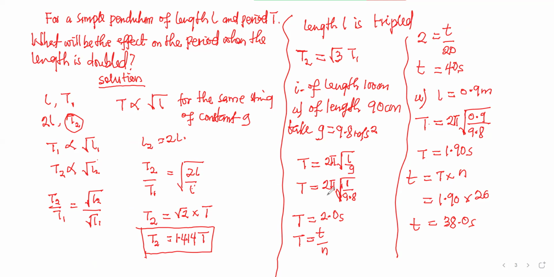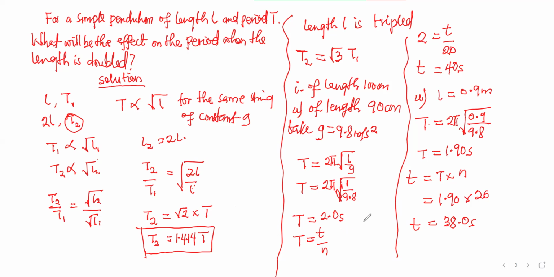The grandfather clock also works on simple pendulum because it is a metal string. The string is a metal, not thread, as we have in this case. But if it is a metal string, temperature affects the period as well.